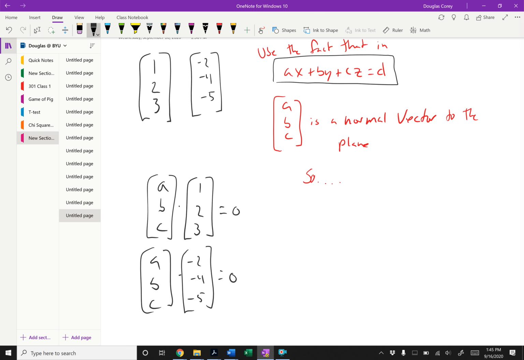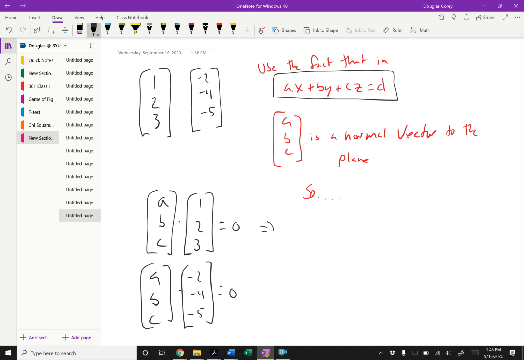And I'm searching for a, b, and c so I can plug it into this general form of the equation. After I do the dot products, I get a plus 2b plus 3c equals 0, and negative 2a minus 4b minus 5c equals 0.